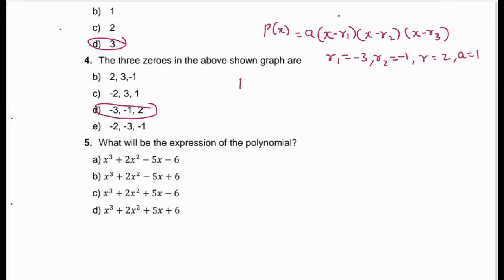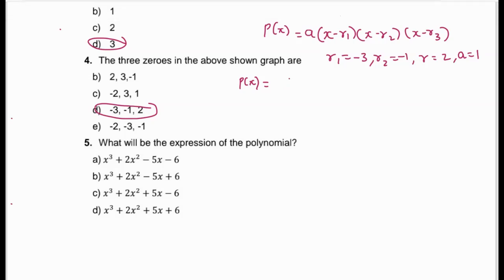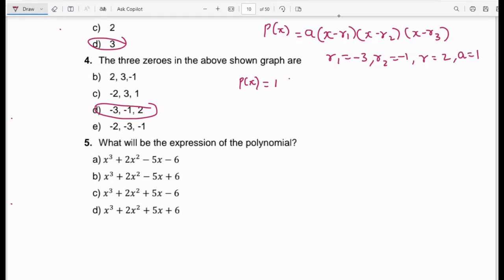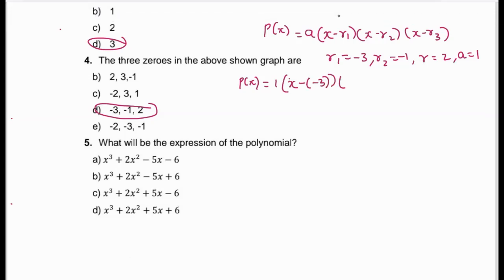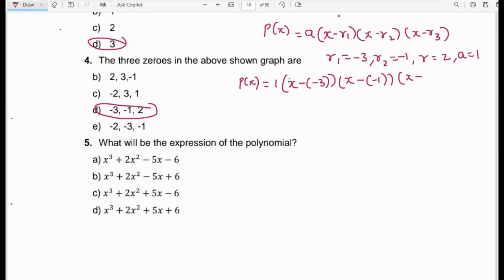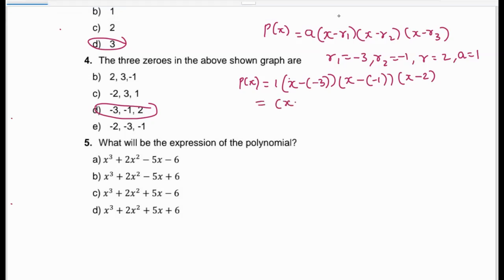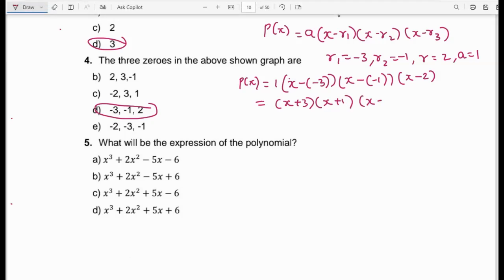So p of x will be a into, that is 1 into x minus of -3, then x minus of -1, then x minus 2. So it will be x plus 3 into x plus 1 into x minus 2.